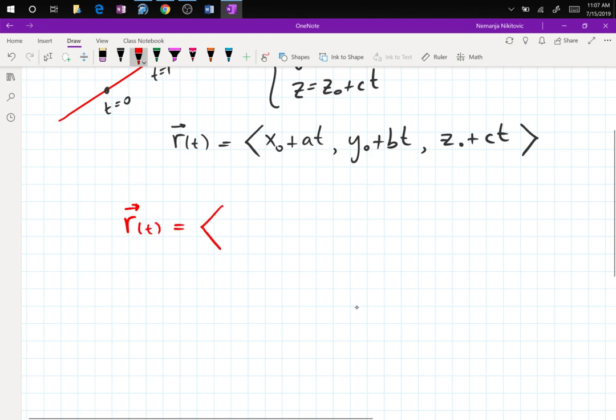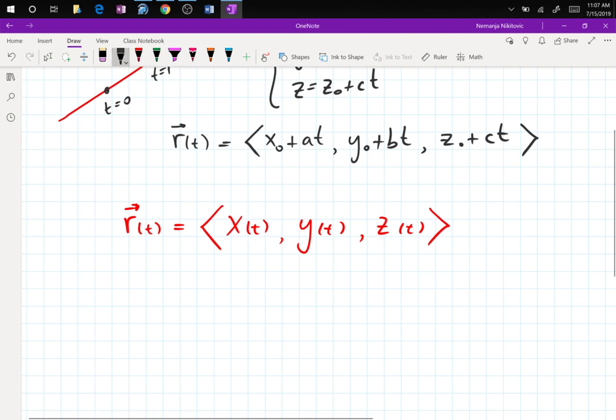We can call this x of t, y of t, z of t. You can also put, if you want, f of t, g of t, h of t. So whatever notation you want to use. Now I like the x, y, and z because we get to compute and understand it better.